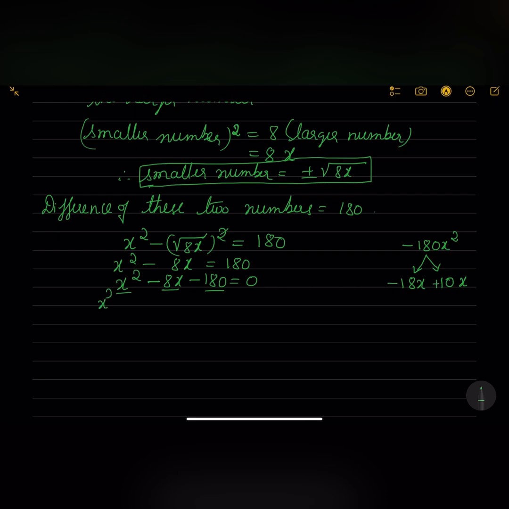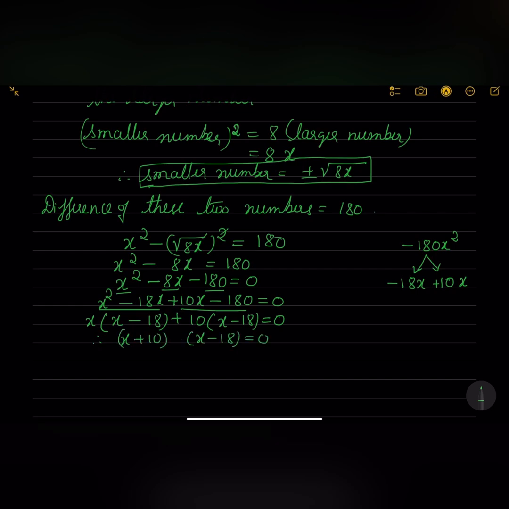So this is x square minus 18x plus 10x minus 180 equal to 0. We'll group the terms and take out the common factor: x minus 18 is the common factor. Therefore, x plus 10 into x minus 18 equal to 0.